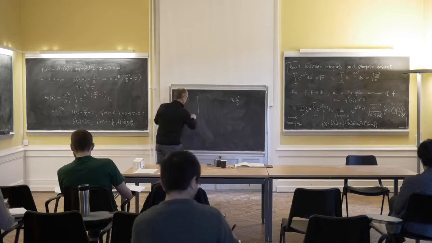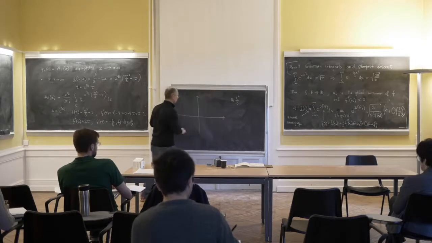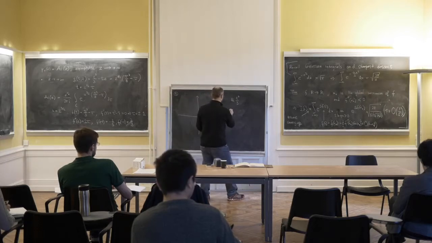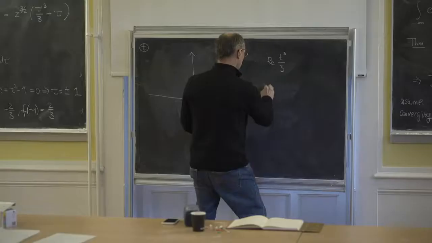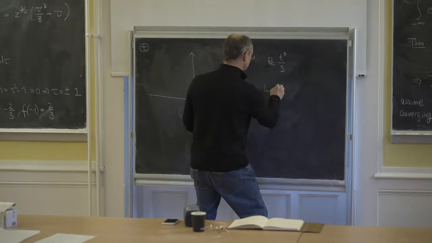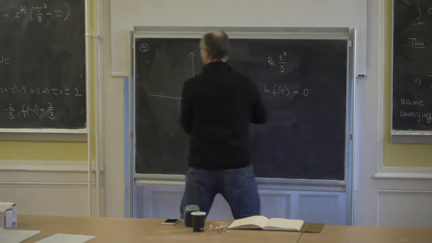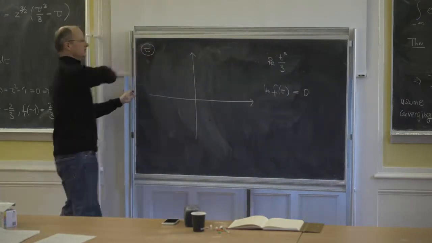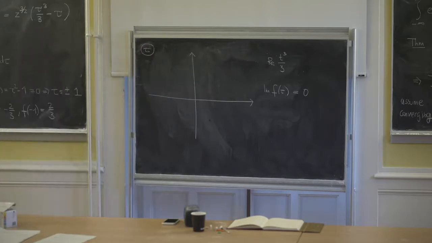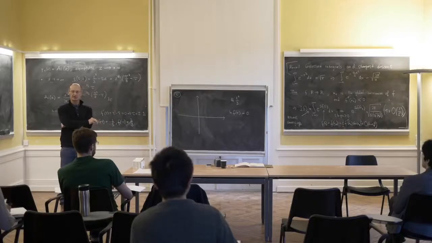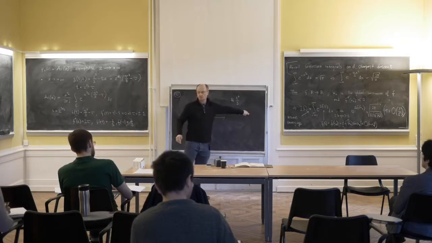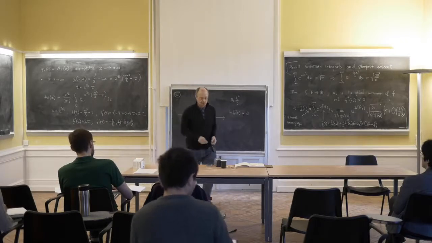Now let's do the following. Let's draw on the plane the places where the imaginary part of f of tau is equal to 0. We would like to know what are the places where the imaginary part of this function vanishes.